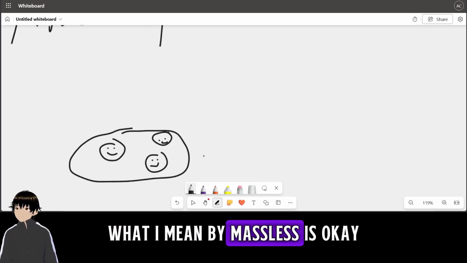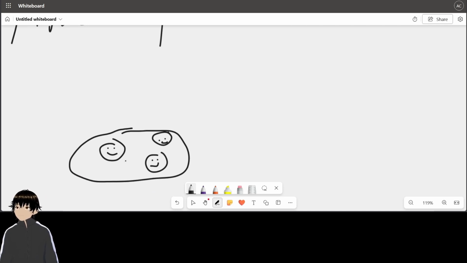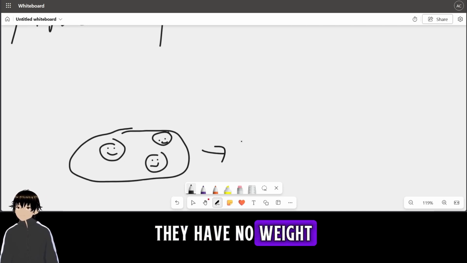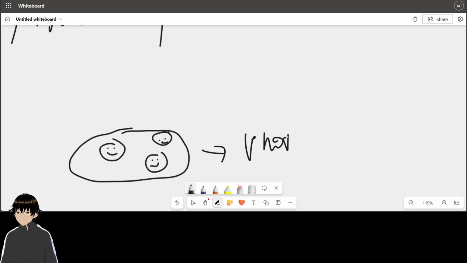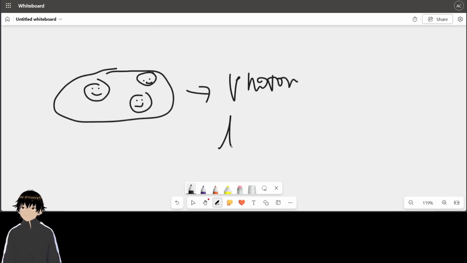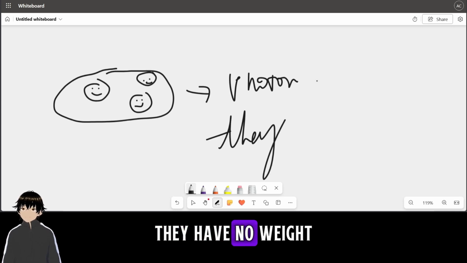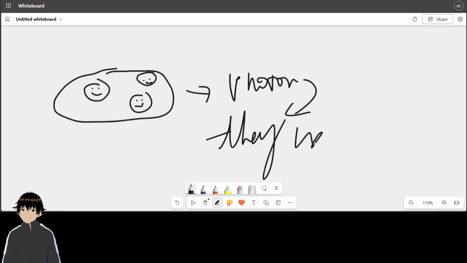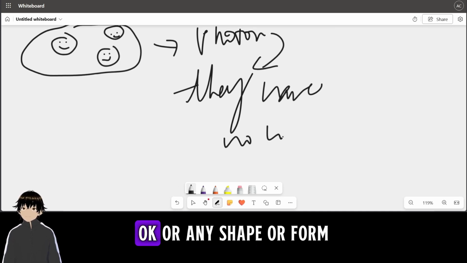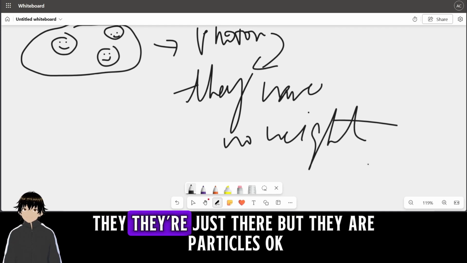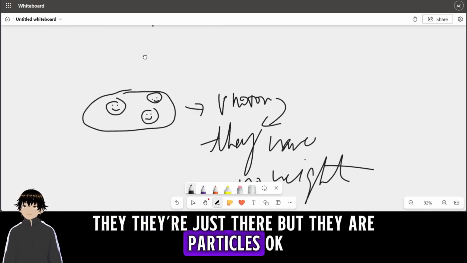What I mean by massless is that they have no weight, or any shape or form. They're just there, but they are particles.